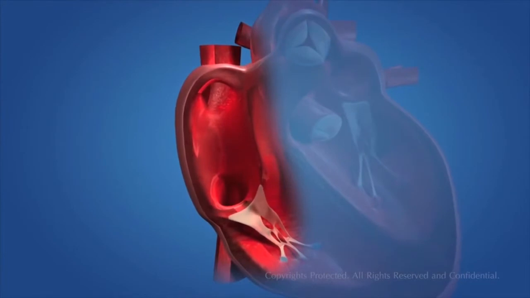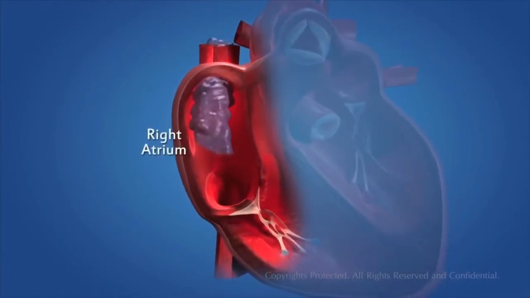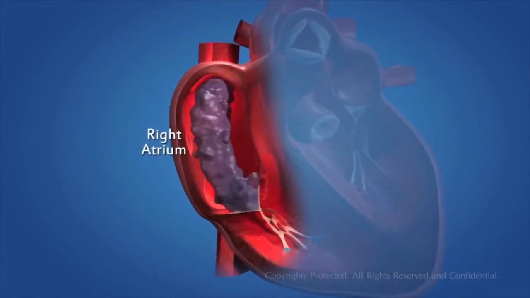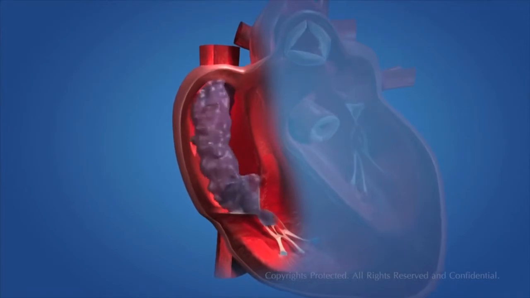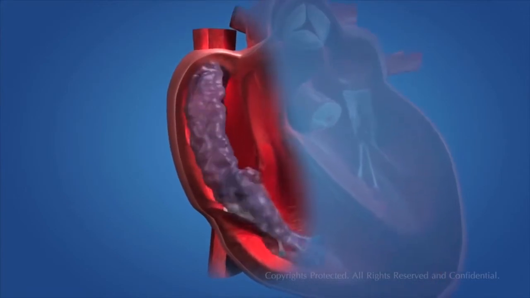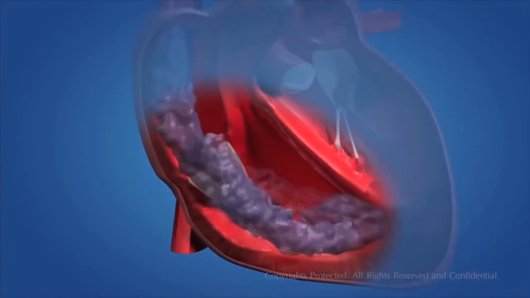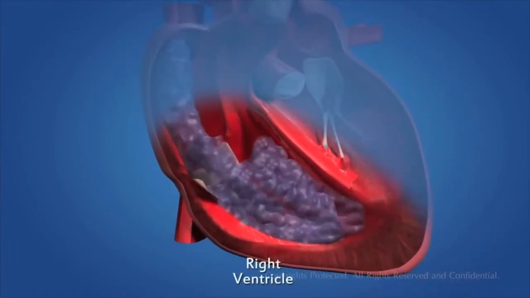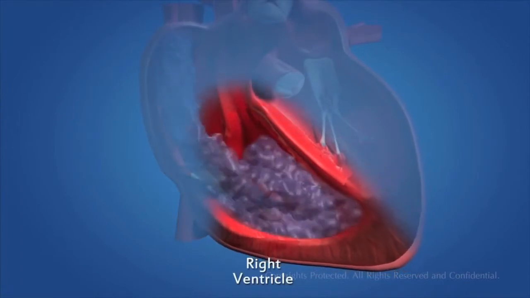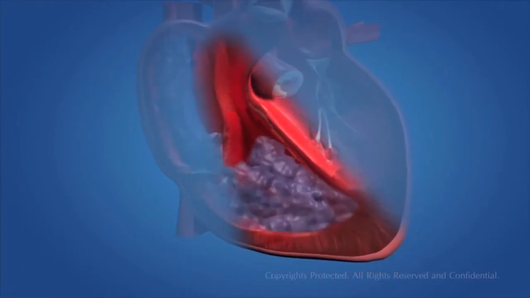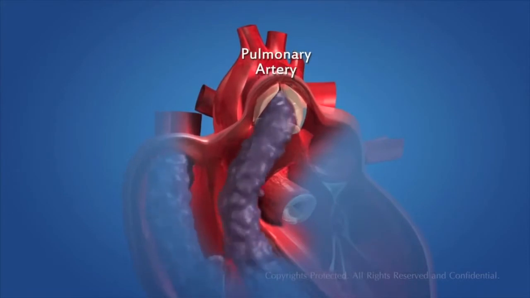Blood enters through the right atrium, goes through to the right ventricle, and exits out of the pulmonary artery and heads to the lungs to receive more oxygen.